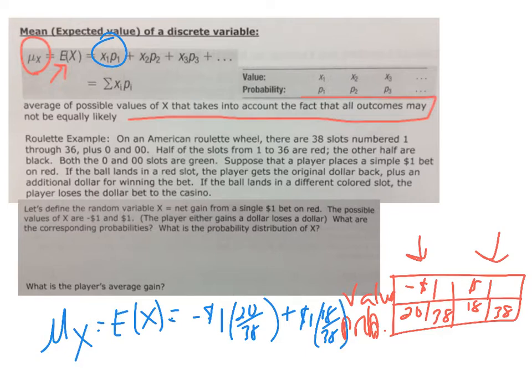When I multiply those and then add those 2 values together, I get -$0.05. So basically what that means in context is that the player loses an average of 5 cents for every dollar they spend betting in many games of roulette. Okay? My law of large numbers is going to tell me that after many repetitions, the mean should start to approach the true mean or the expected value.